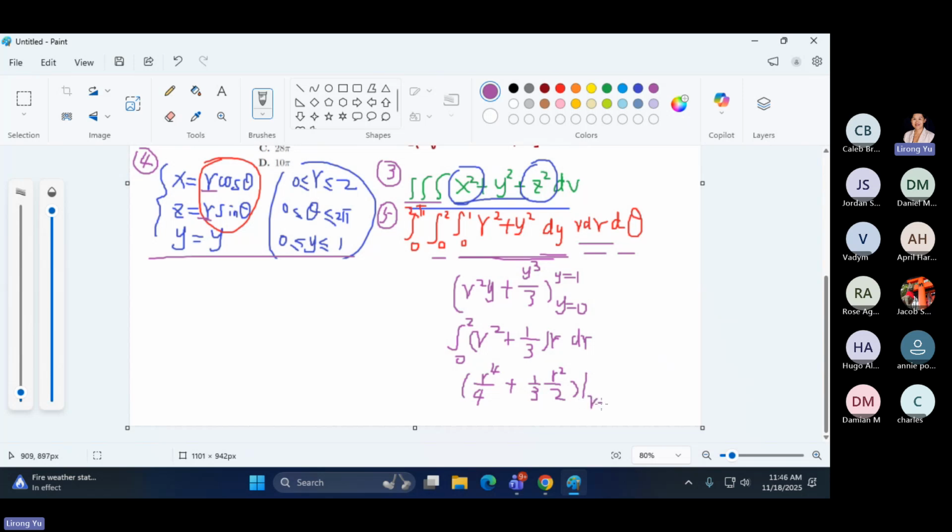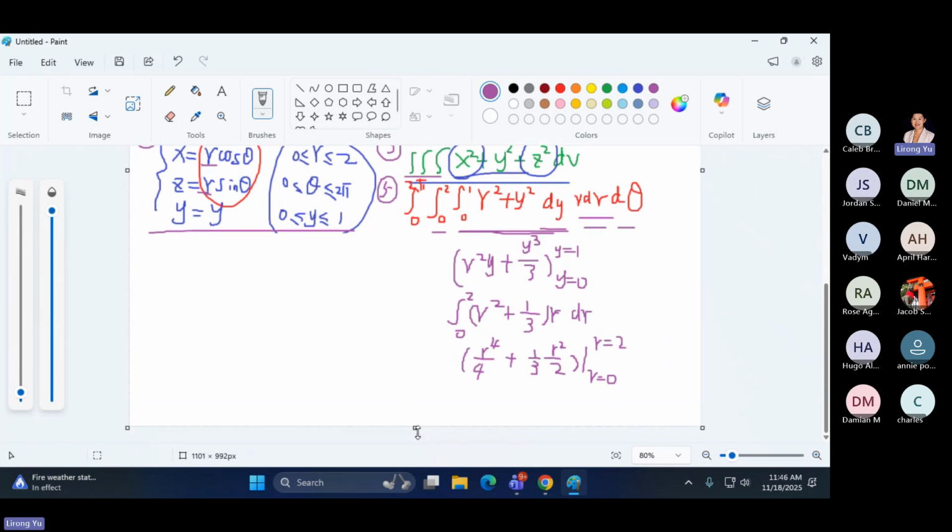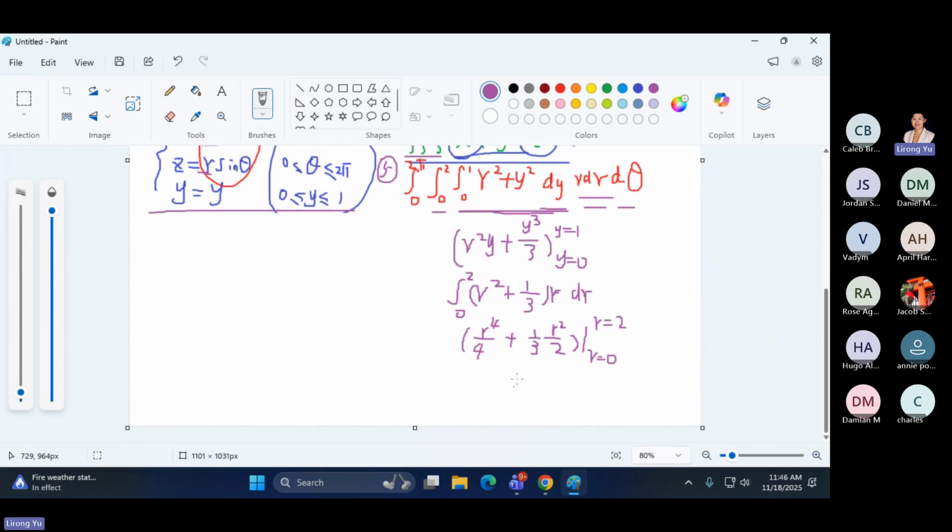Then we have r equal to 0 and r equal to 2. That calculation will give us a number: when r equal to 2, 2 to the power 4 is 16, divided by 4 is 4, plus 1/2 times 2 over 3, so that's 2 over 3. That's the integration of dr.